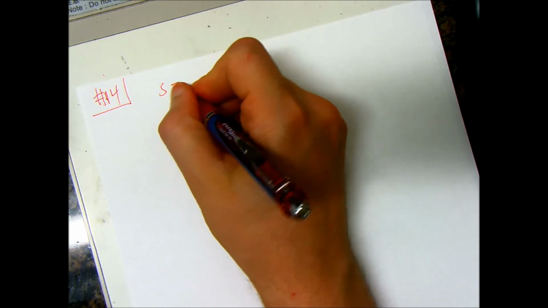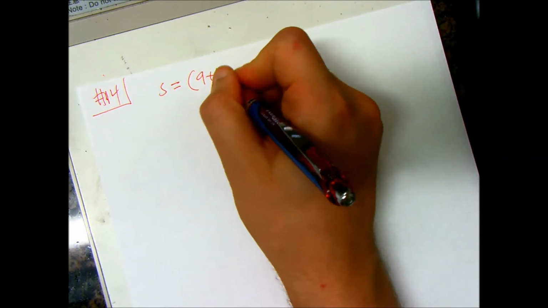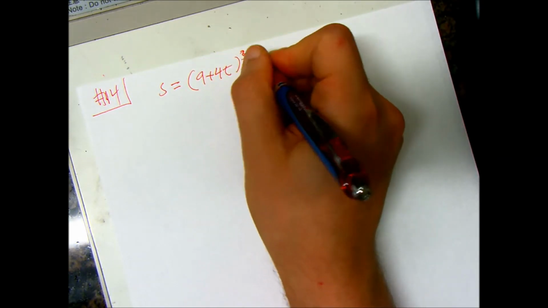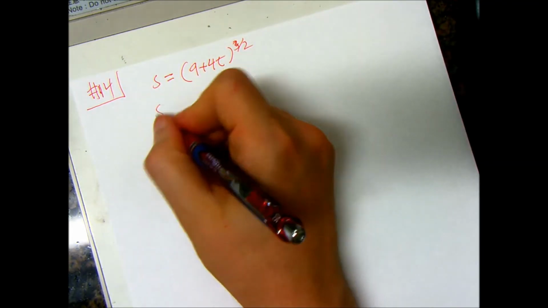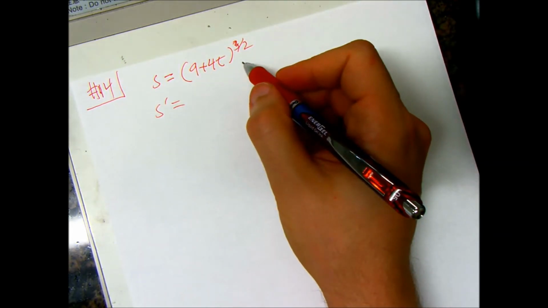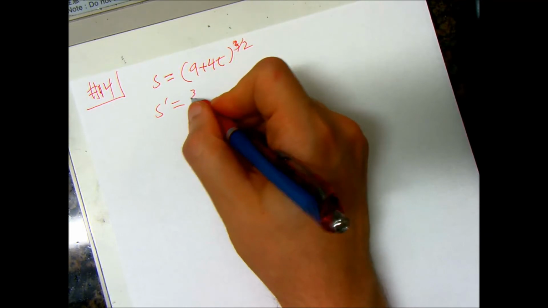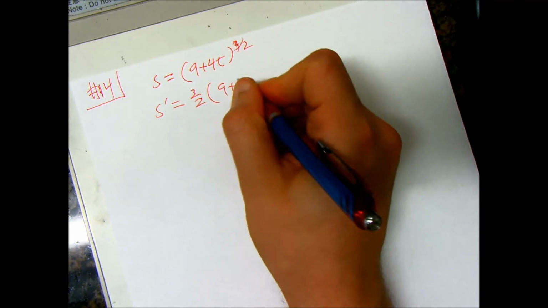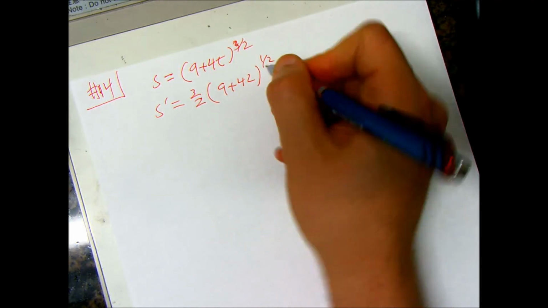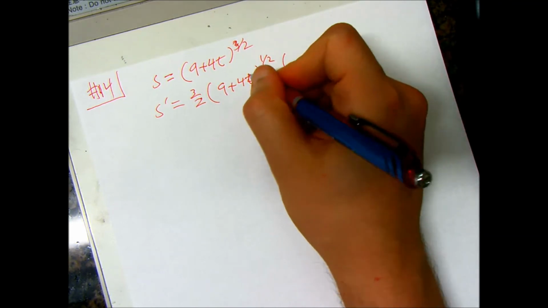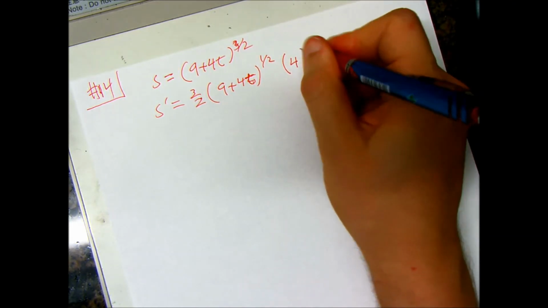So we get s is equal to 9 plus 4t to the 3/2. This represents my position. First derivative is chain rule. 3/2 times 9 plus 4t to the 1/2 times 4, right?